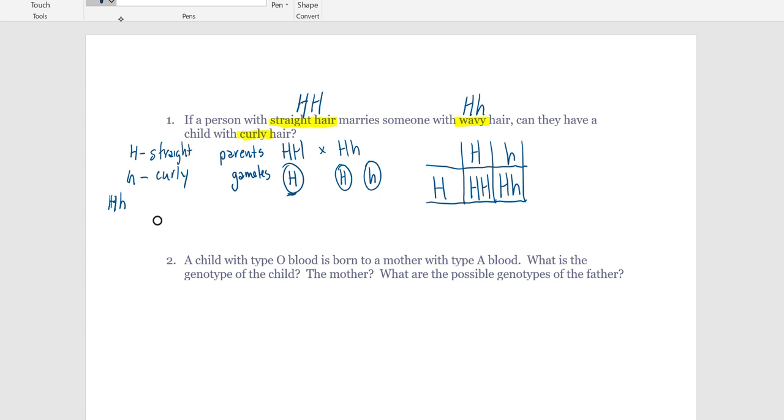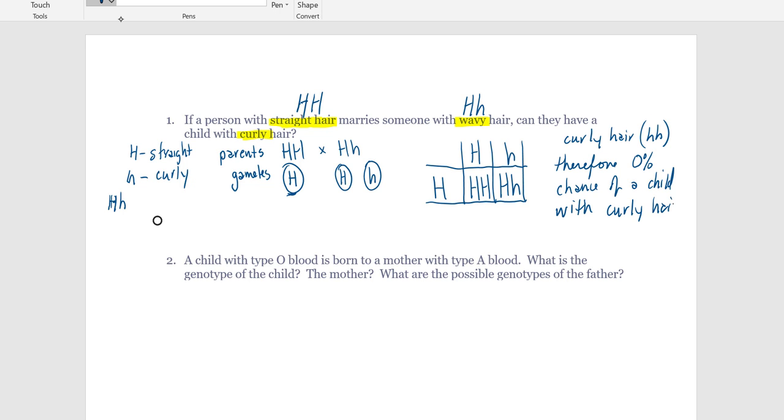And so in order to have curly hair, you require two little h's. And so therefore, there is 0% chance of a child with curly hair. All right.